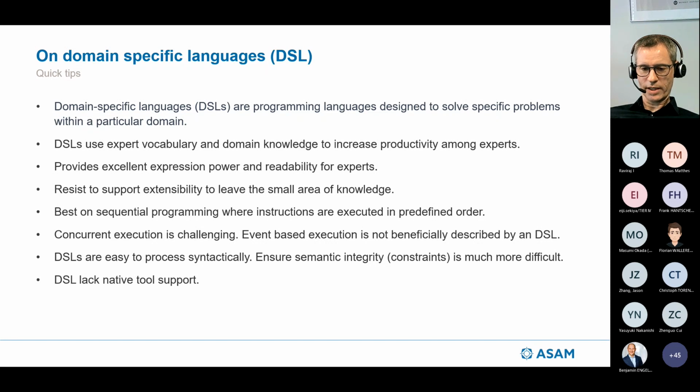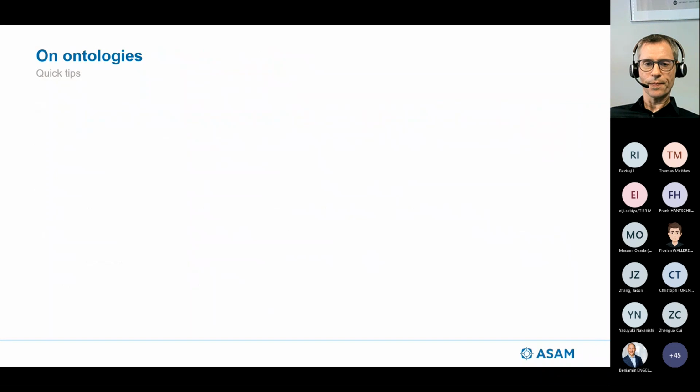You can still provide this, but whenever you choose a domain-specific language for your case, you have to have some kind of a concept on this. But all in all, I think the domain-specific language is just a great way to be very precise on a specific domain. On ontologies, and just right at the end right now.